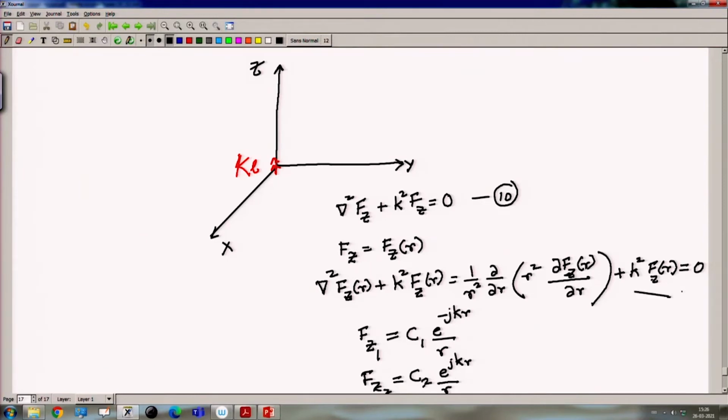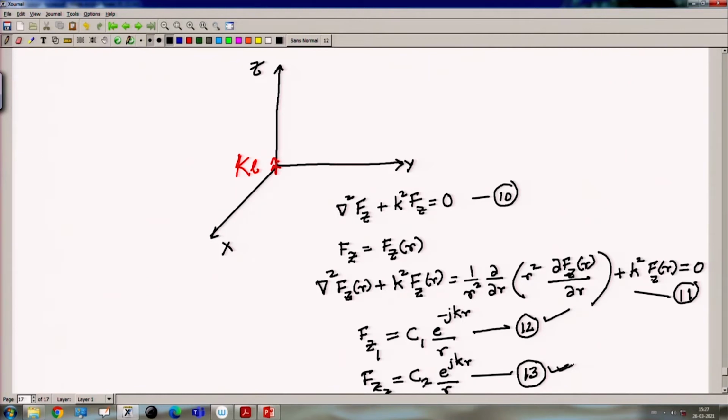We call this equation 11, equation 12, and equation 13. So, this is the equation of an outward travelling wave, while this is the equation for an inward travelling wave.